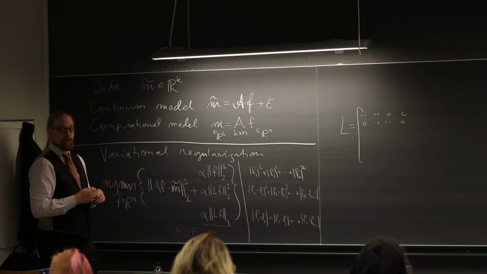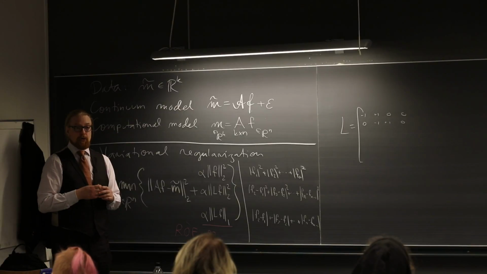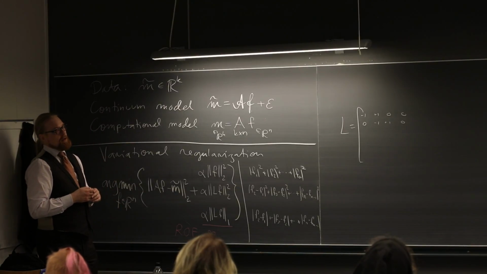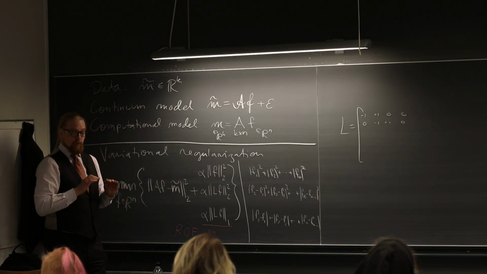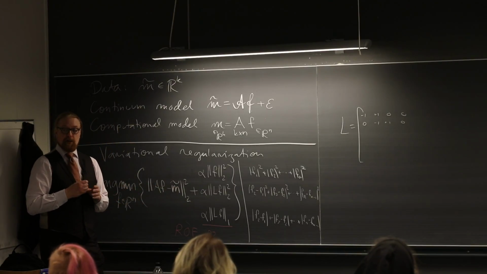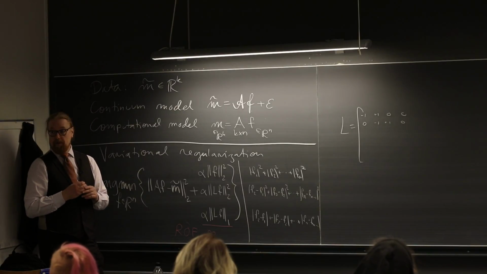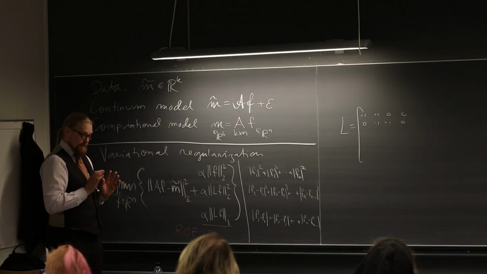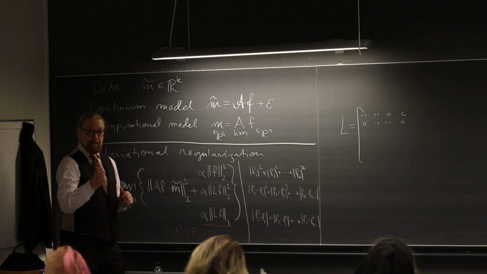One example is so-called total generalized variation that I showed a little bit in the introduction of the course, which is, roughly speaking, when total variation favors piecewise constant targets, total generalized variation can be made to favor piecewise smooth targets. But that's a bit outside of the scope of this course. It becomes so technical.